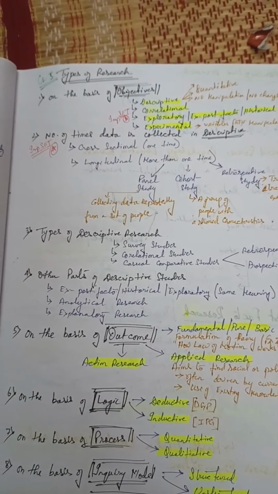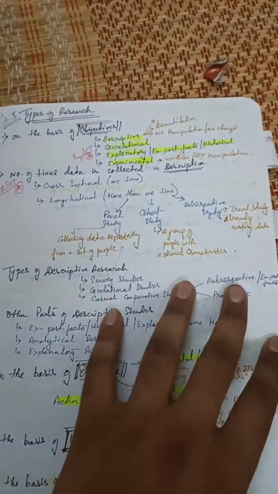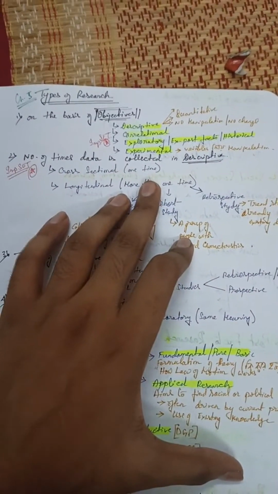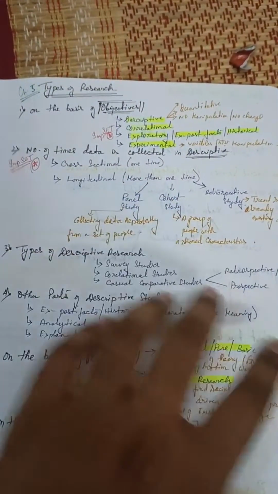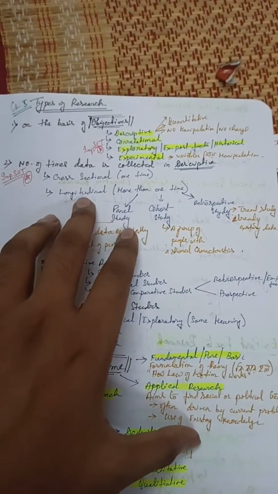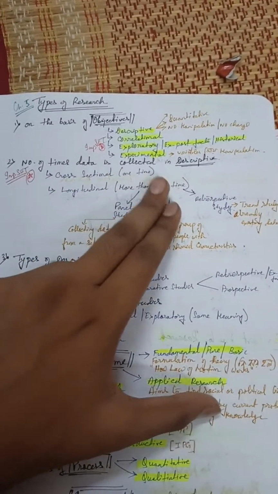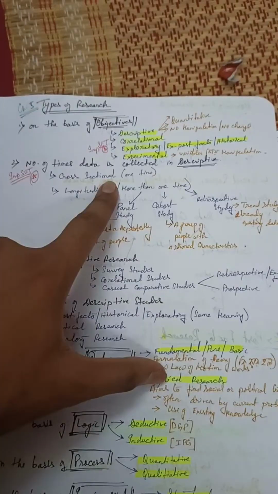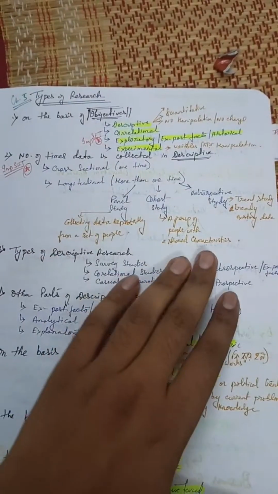Number of times data is collected in descriptive research can be divided into two parts: cross sectional, that means one time, but the sample is taken from varied different sections, and longitudinal studies, that means more than one time.